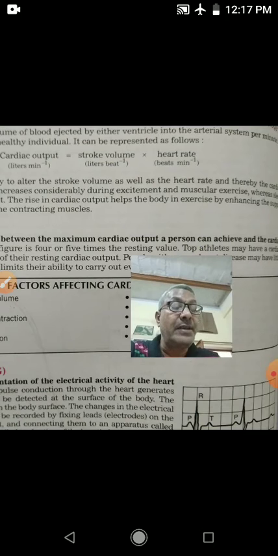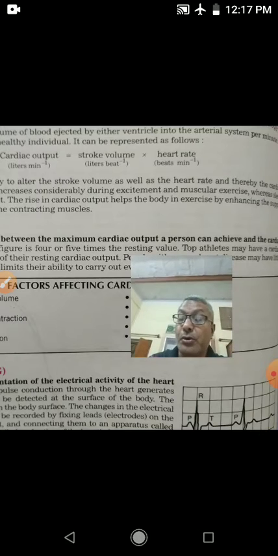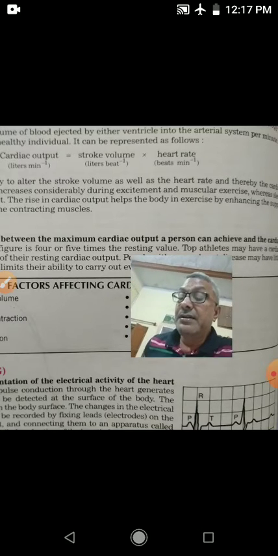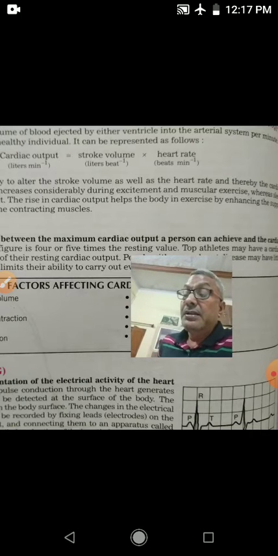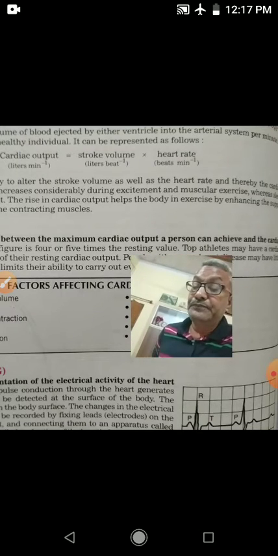It is coming to 5040 ml, so near about 5 liters is the cardiac output. It means our heart is pumping near about 5 liters of blood per minute.